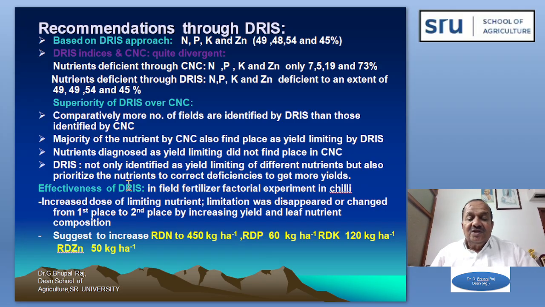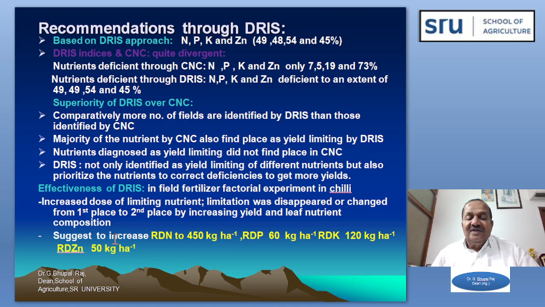So regarding the effectiveness of DRIS in the field fertilizer factorial experiment in chili, when the dose of the limiting nutrient was increased, the limitation disappeared or changed from first place to second place, increasing yield and leaf nutrient composition. In the last table, I have explained this.